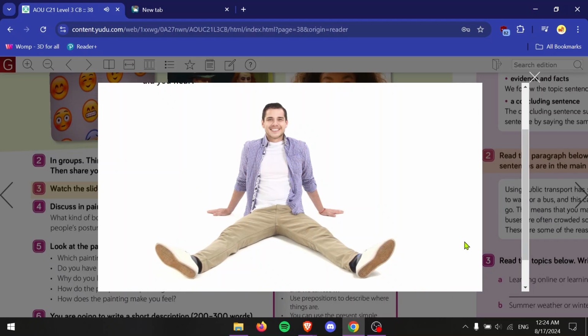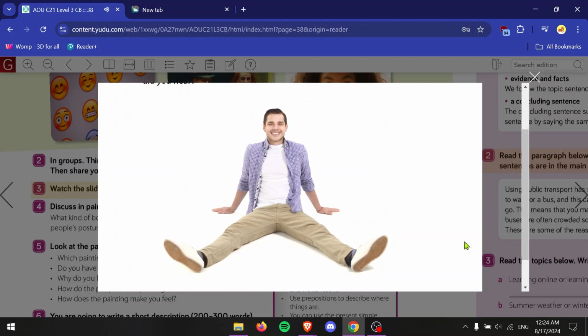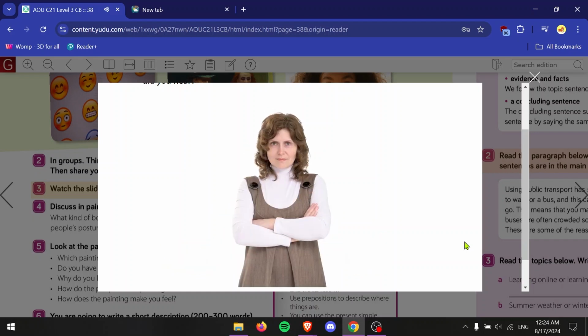Now back to the real world. Body language can be divided into 3 groups: body postures, gestures, and facial expressions. Our body posture is the way we hold our bodies. With it, we can convey a lot of important information about how we feel.